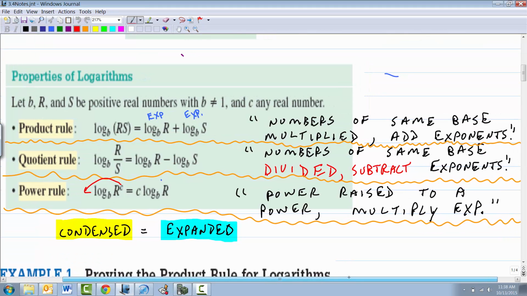Okay? I guess I'll stay right where I was at. That's good. Okay, so how's this first one? Numbers of the same base multiplied, you add the exponents, which is what I had up for that other one. Well, what's B represent? Just to answer that question, what's B? Base. What's R? What do we call that? What position did we call it? Answer. What is the answer to a log base B of our question? What's the result of this?